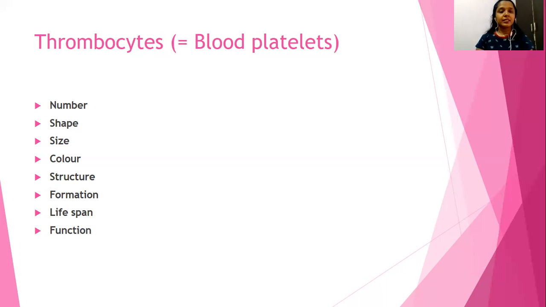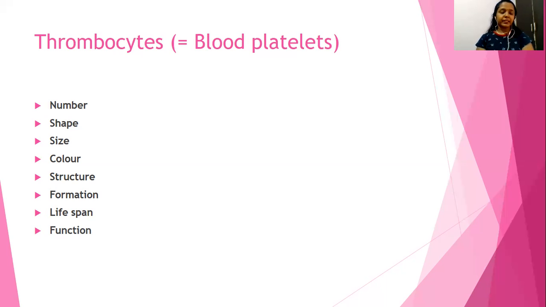The size will be around 2 to 3 micrometers in diameter. The color of the blood platelets is colorless; they do not have any color. The structure is usually flat, non-nucleated fragments of the cell.